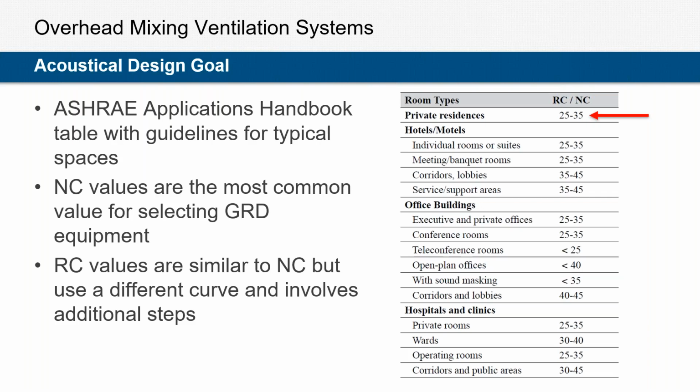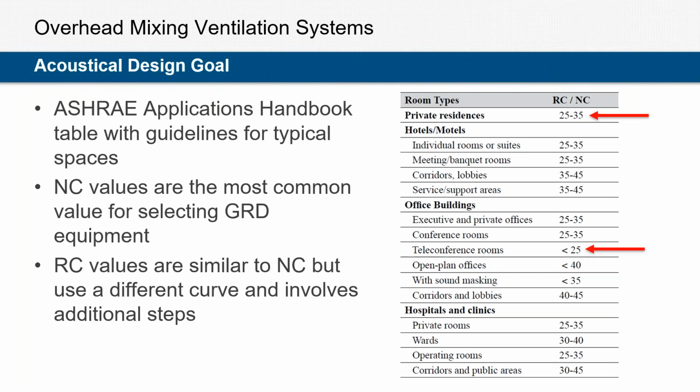But if we look at typical spaces of private residence, NC 25 to 35, and that's pretty typical of a lot of spaces. But when we look at something like a teleconference room, and those are becoming more popular with all our Zoom and Teams meetings, the idea of really critical sound levels is less than NC 25 for those types of spaces because of the microphone and the audiovisual equipment being used in there that will pick up background noise.